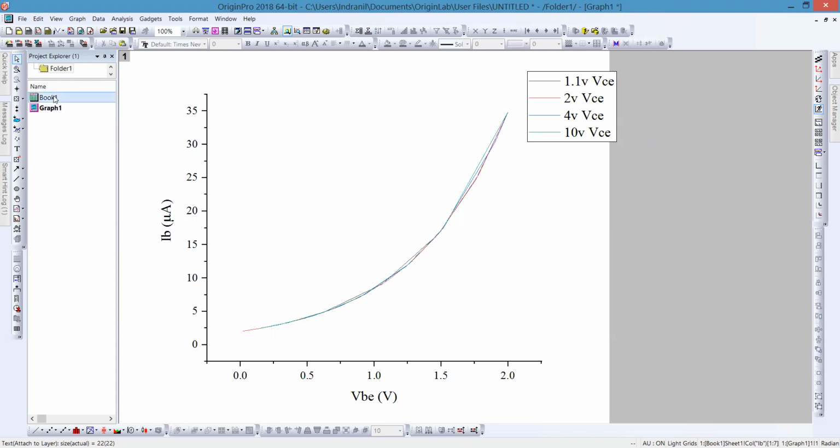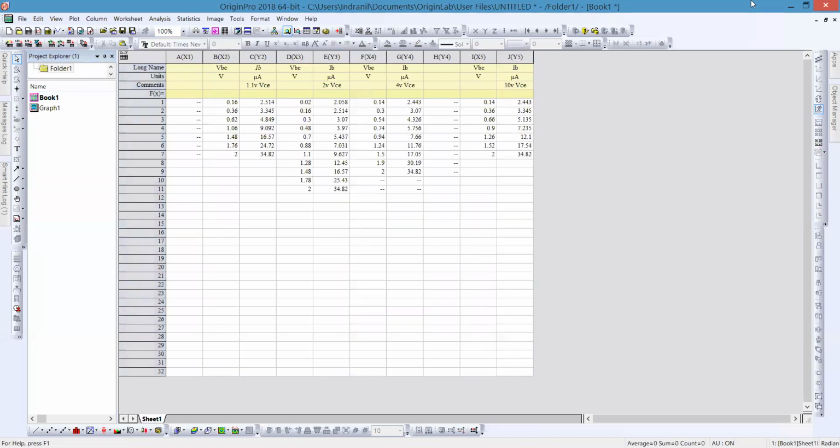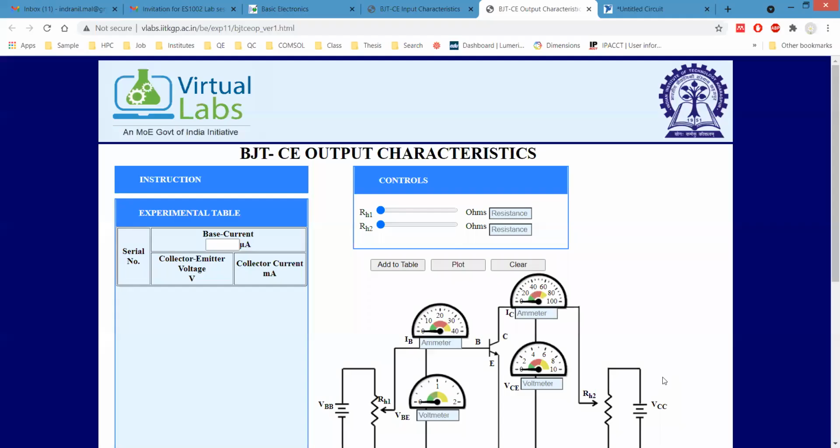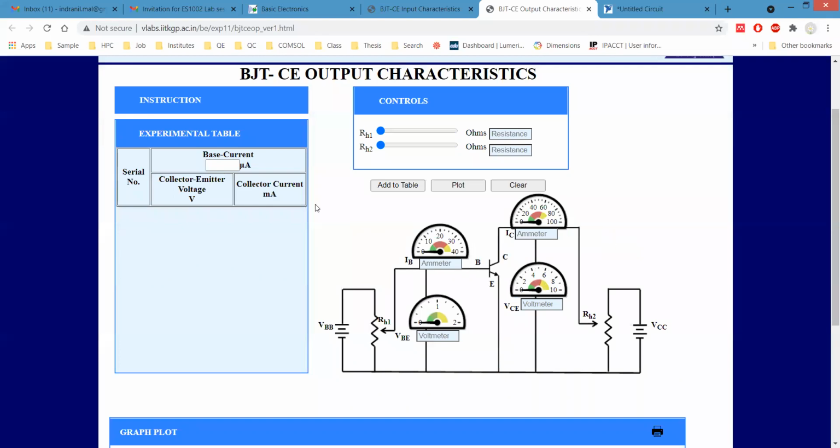Now let's do the other one, output characteristics. This is the output characteristics in the virtual lab. The same setup is there, but only the change is here: we are going to have the collector emitter voltage with collector current in milliamps.